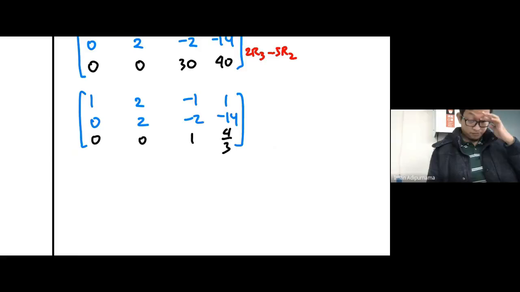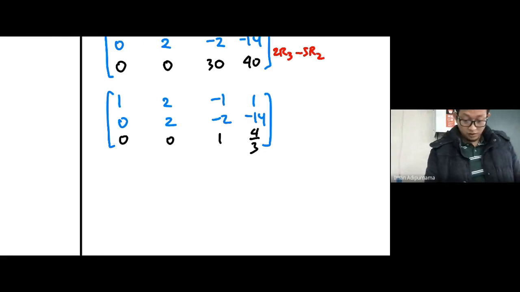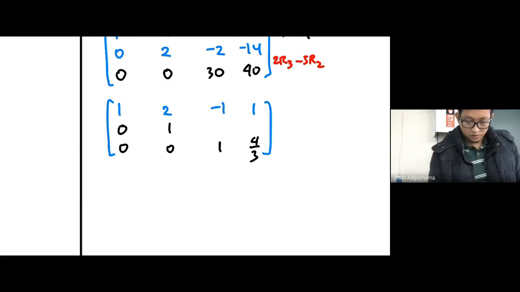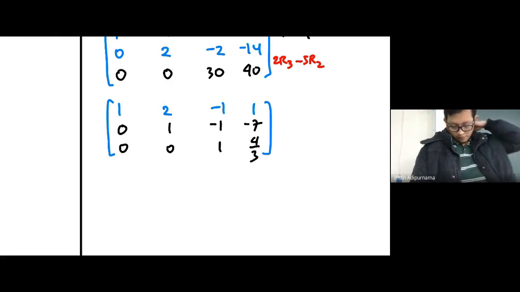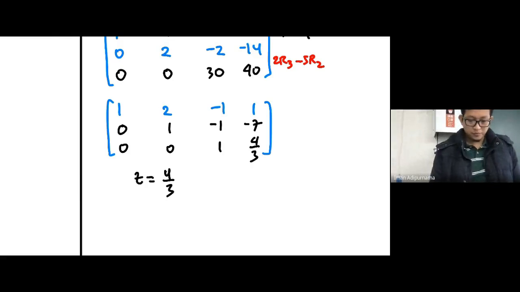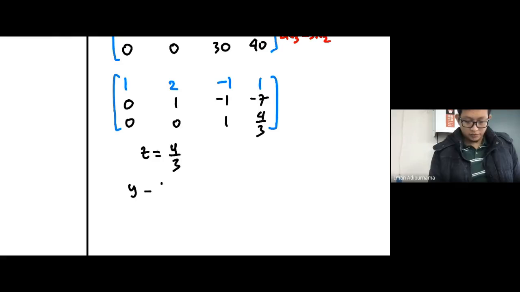So let me write the whole thing. Let me divide by 2. Divide by 2 is 1, negative 1, negative 7. Yeah, it's not really a good number, but it's still doable. Z is 4 over 3. So y minus 4 over 3 is negative 7. So y is negative 7 plus 4 over 3.